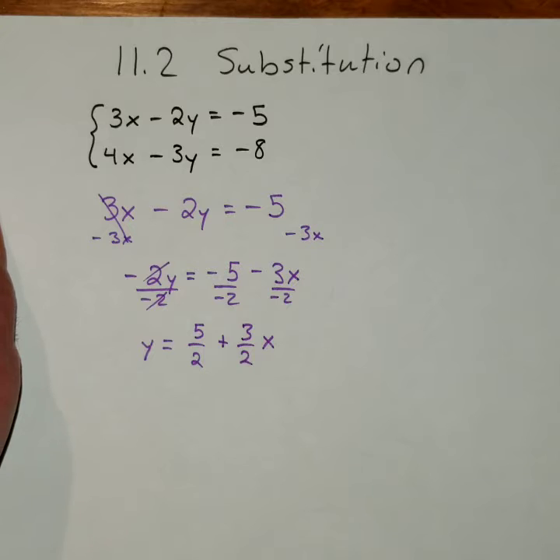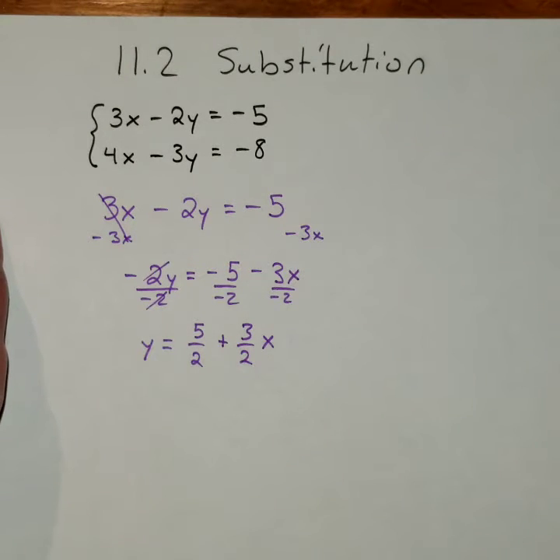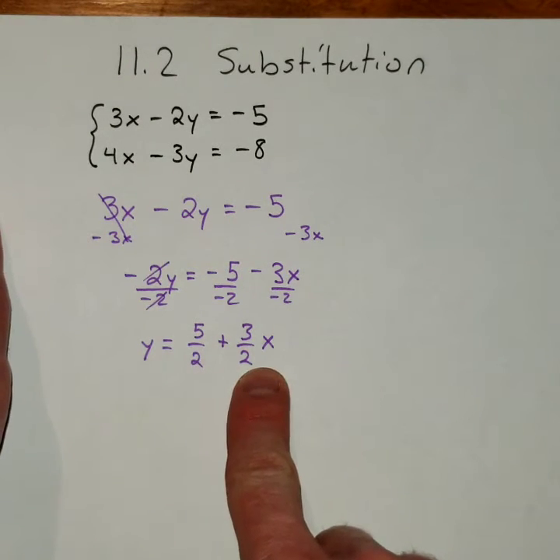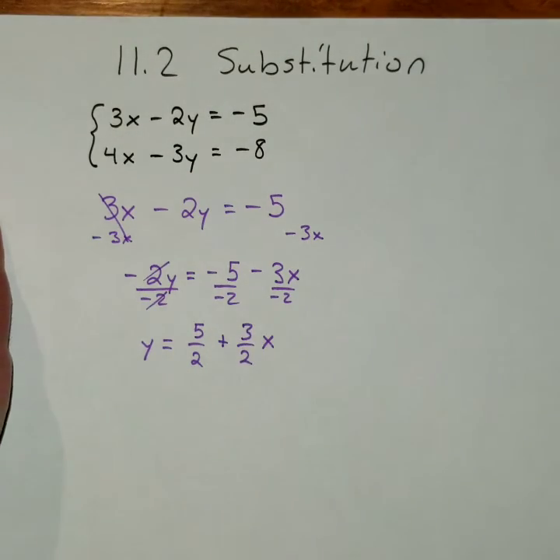Okay, now I'm going to keep it in fraction form. You could use the decimal form, but it's not really necessary to change it here. What we are going to do is take this new expression and substitute it into the y in the other equation.